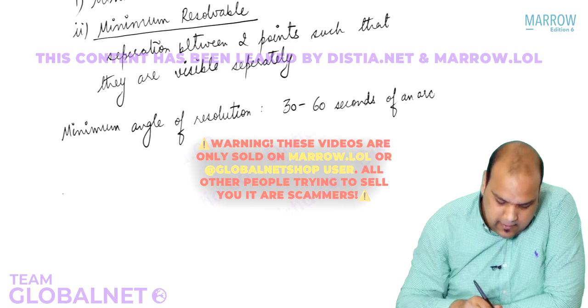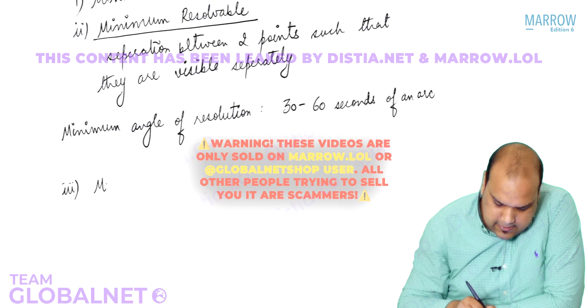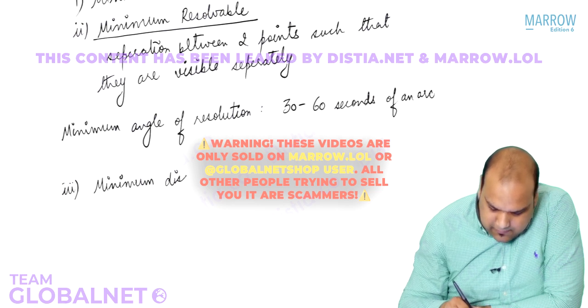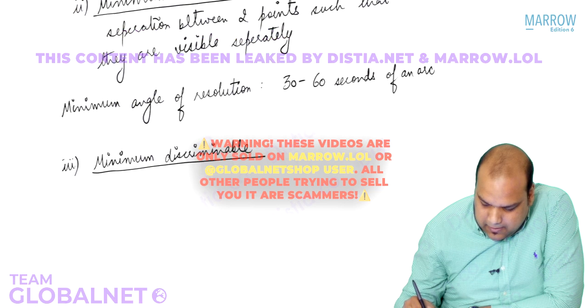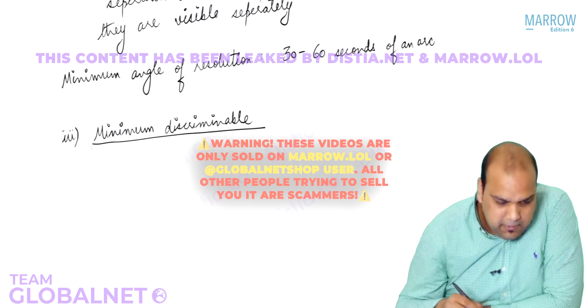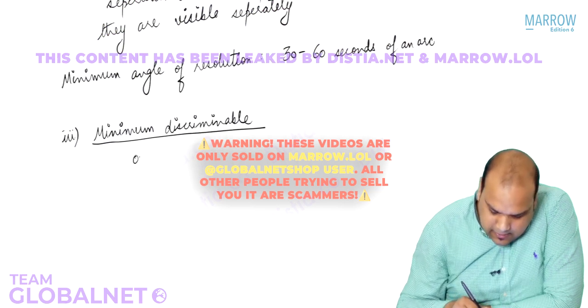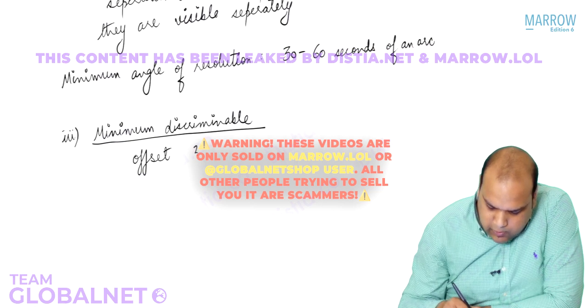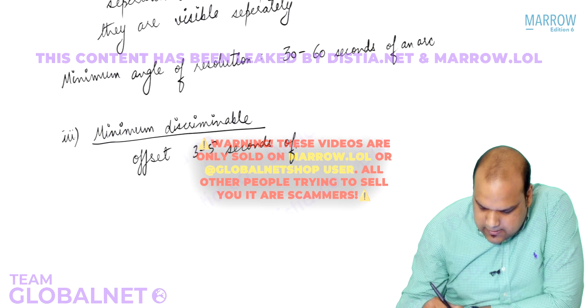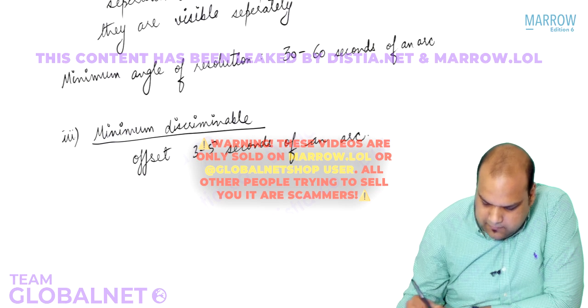Okay. Now the third component is said to be minimum discriminable. Okay, everybody? Minimum discriminable is an offset usually only of 3 to 5 seconds of an arc.